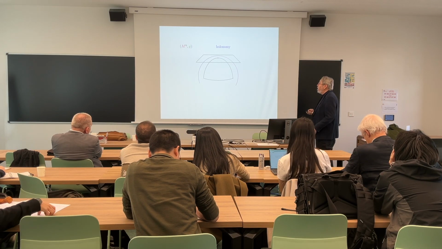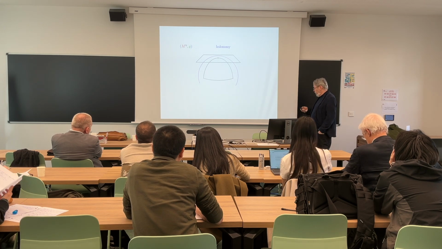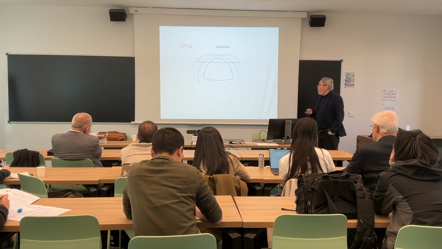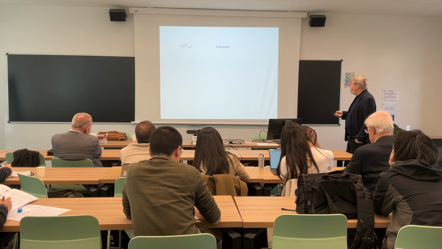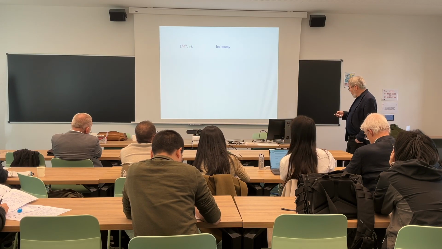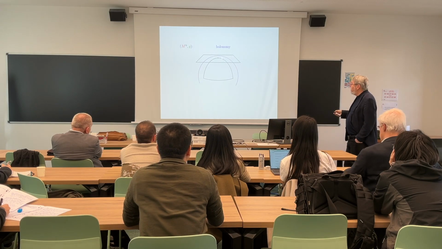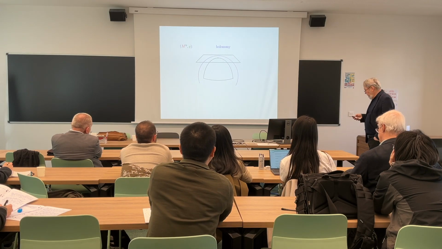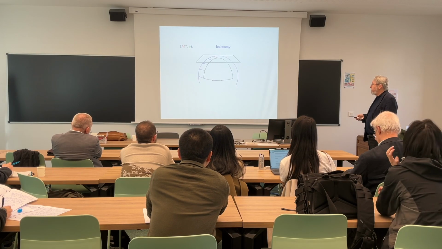If you take a connected Riemannian manifold and choose some base point, which occasionally I'll call P, then associated with any piecewise smooth loop based at P, there is a notion of parallel transport along piecewise smooth loops.